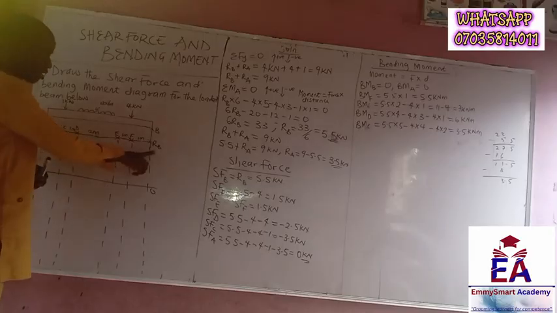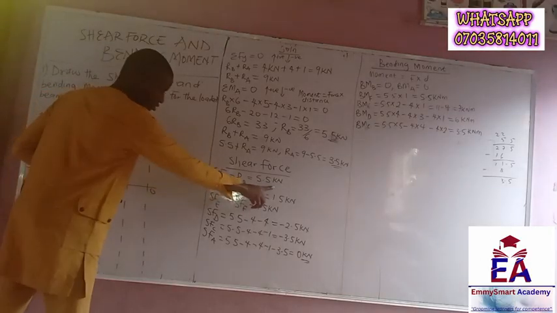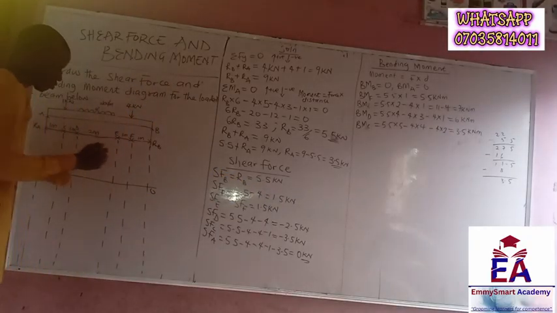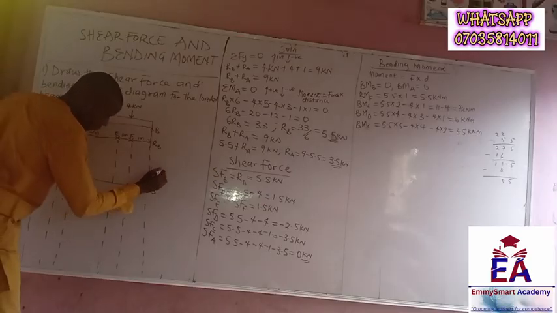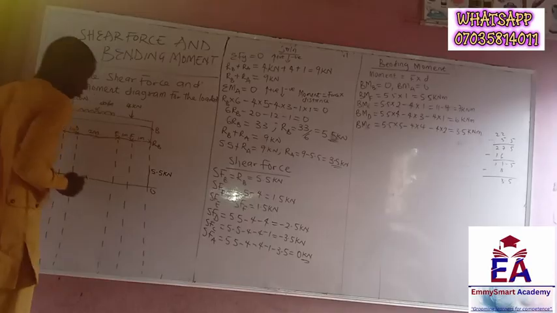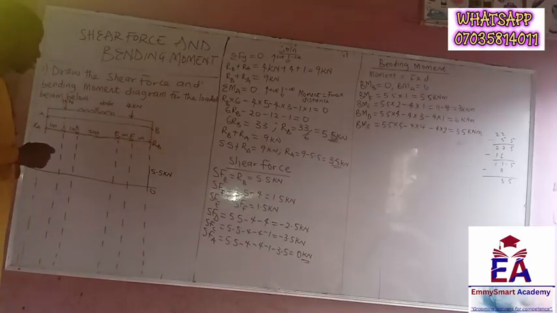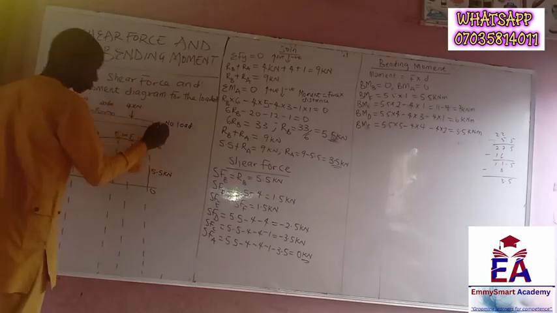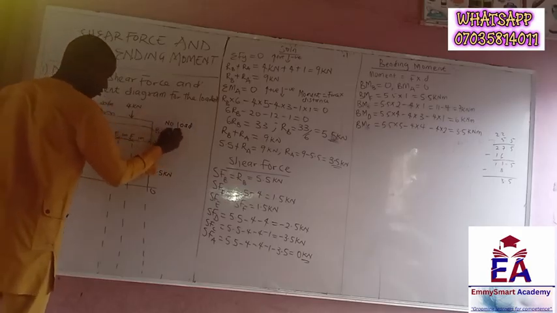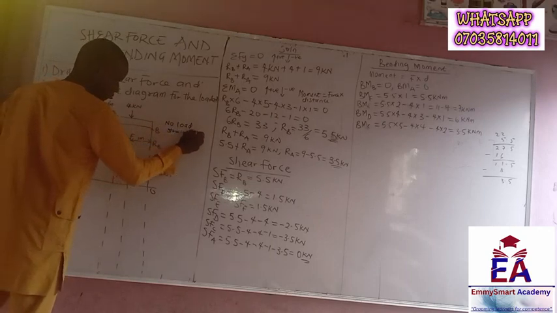So at point B, the shear force is what? 5.5. So that means I'm going to move up to a point, I'll call that point 5.5 kilonewton. Okay, and then there's no load here. Where there's no load, we draw a straight line.